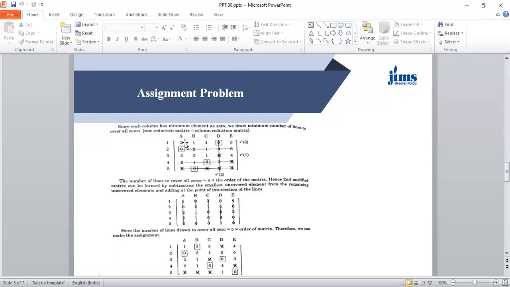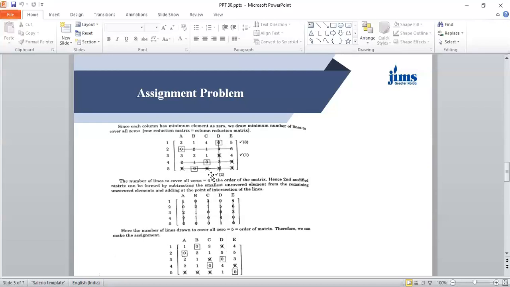So which are the uncovered elements? See, the uncovered elements are 3, 2, 1 and 4 here, 5, 4, 1, 2. So 1 is the least value which is not covered by these lines.